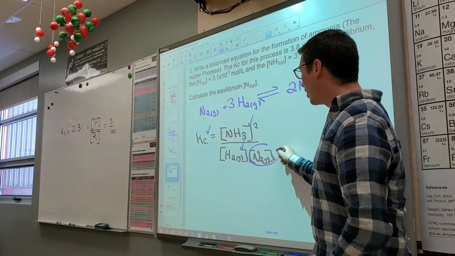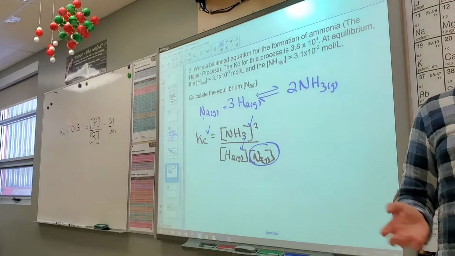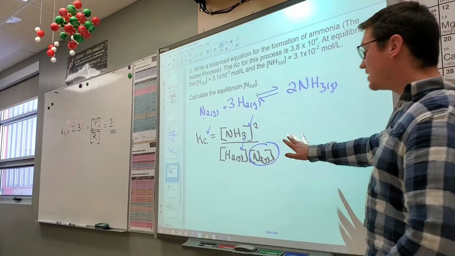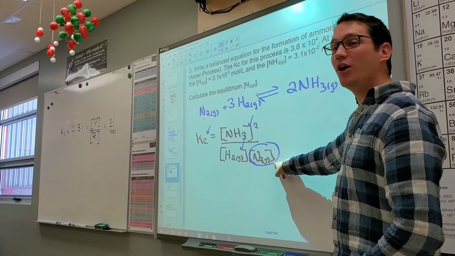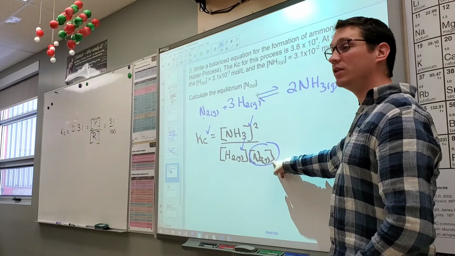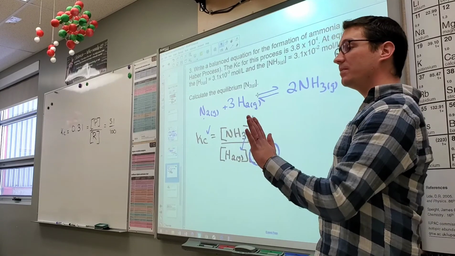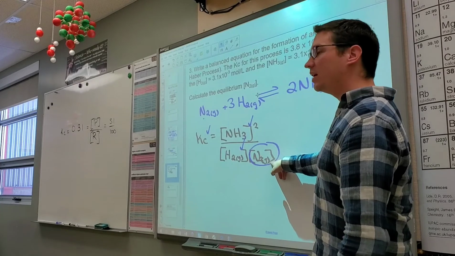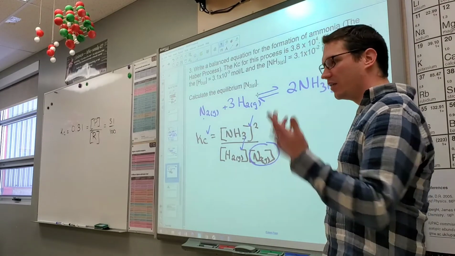No. I'm curious, does anybody know where this is leading? Algebra. This is an equation with one unknown variable, and you can solve an equation with one unknown variable. All you have to do is rearrange this equation so that your unknown is all by itself on the top of a fraction on the other side, that kind of thing.